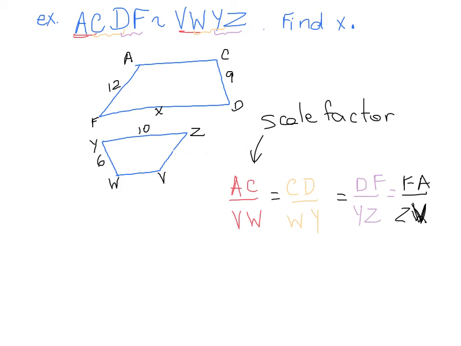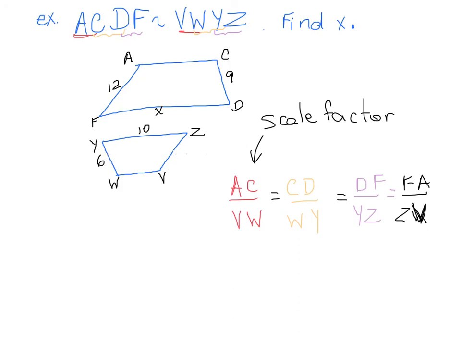So how do I use this to figure out what x is? Well, we don't have every piece of information here, and there are certain pieces of information that are more useful than others in this case. We do have CD, which is corresponding to WY. Because we have two corresponding sides, we can definitely use that.